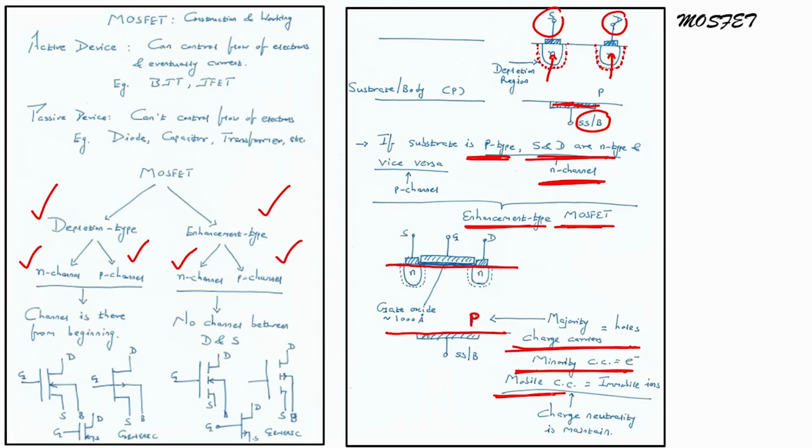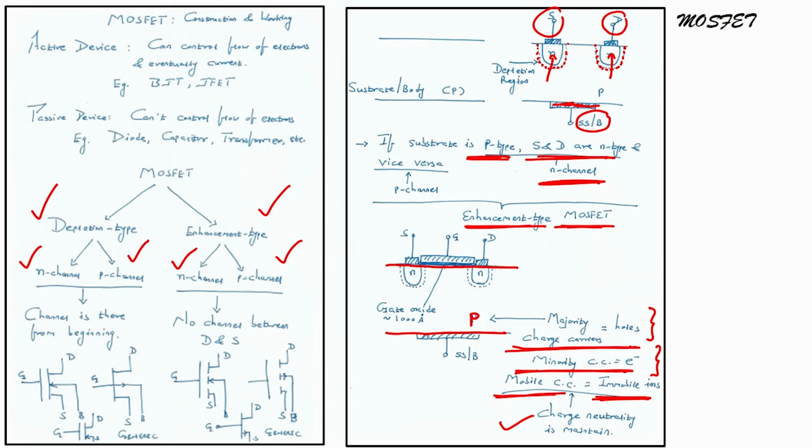Mobile charge carriers equal immobile ions, that is why the charge neutrality is maintained. Easy, right?